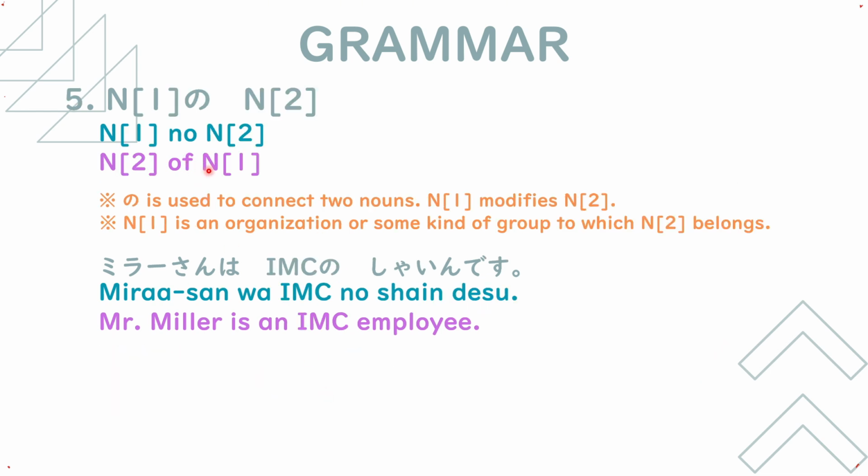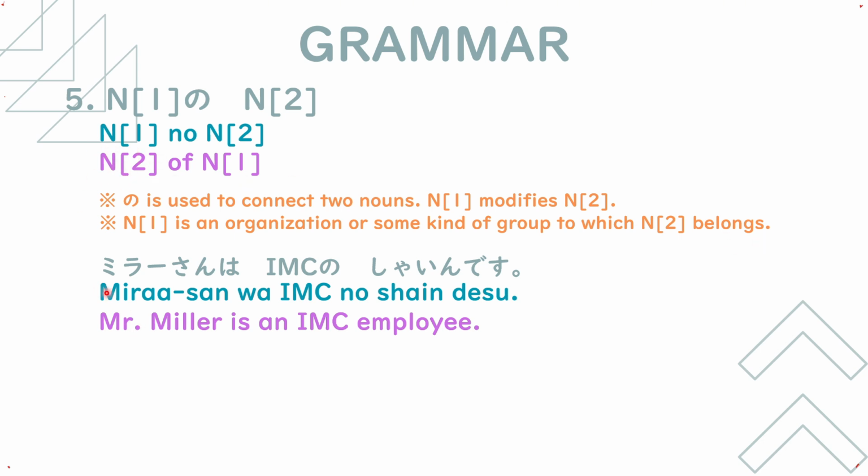And then we have noun 1 no, noun 2. It means of, okay? So noun 2 of noun 1. So no is used to connect two nouns. So noun 1 modifies noun 2. So noun 1 is the organization or some kind of group to which noun 2 belongs.